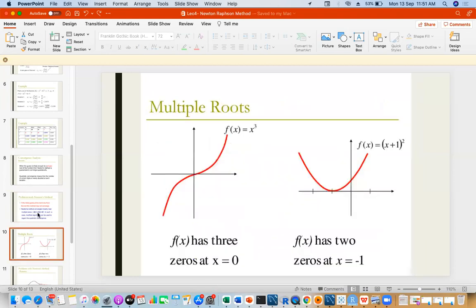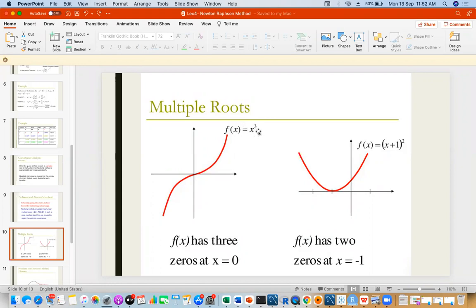Again, if we have multiple roots, let us say f of x is equal to x cube. Now this function has 3 roots, right? This is a cubic equation, the polynomial with the degree of 3.